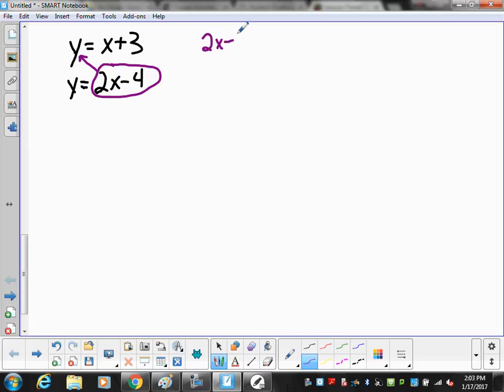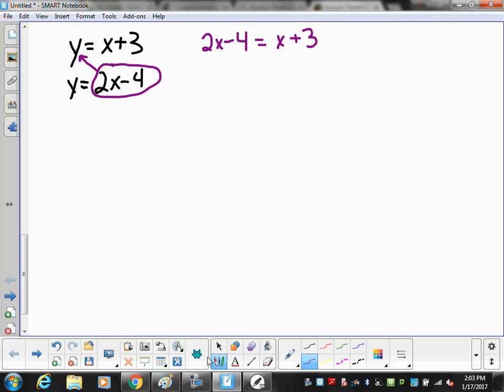Equals x plus 3. Now, you could have taken the x plus 3 and replaced the y in the second equation. Either way, it would have been exactly the same. You would have just flipped these two, and this x plus 3 would be over here. Okay?